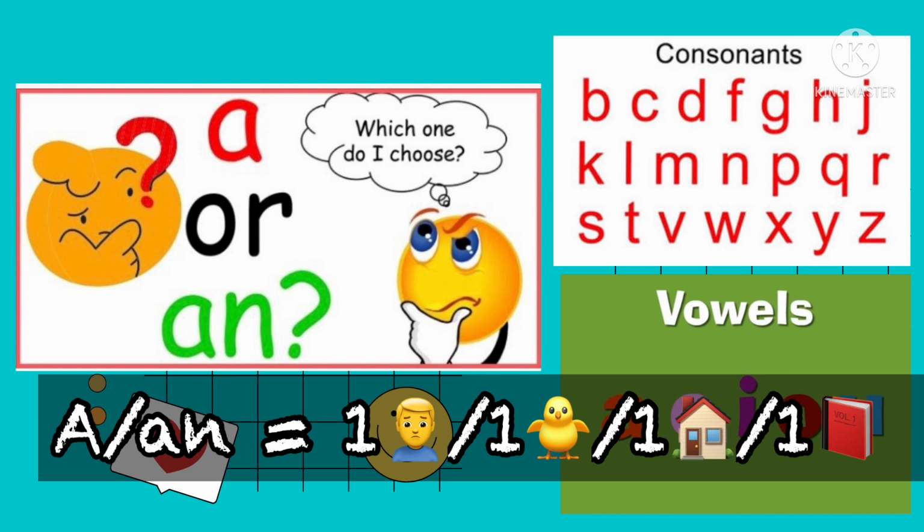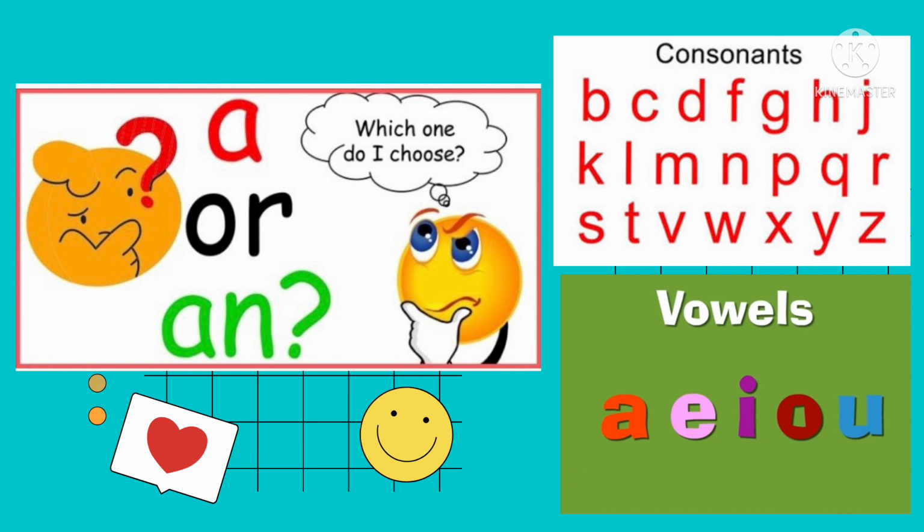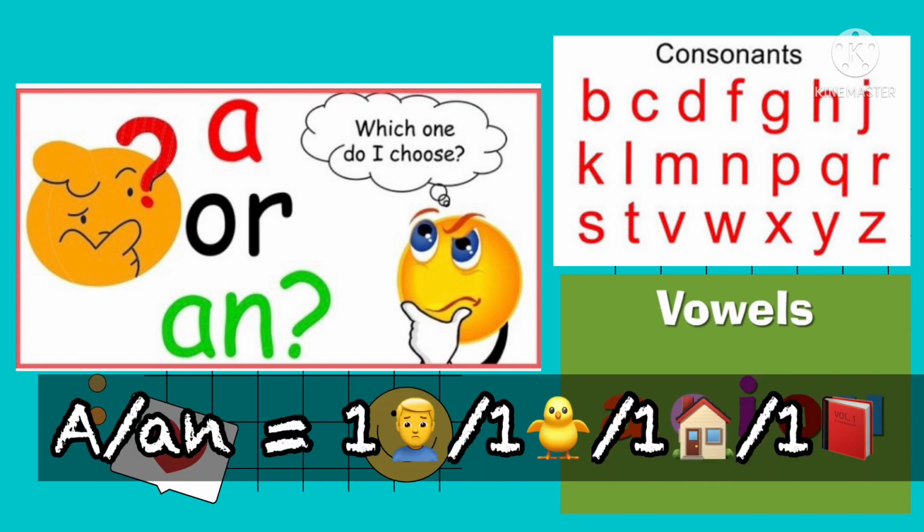Kalau sesuatu benda, tempat, orang atau haiwan lebih daripada satu, kita tak boleh guna a or an. So, a or an is only for one person, one animal, one place or one thing.